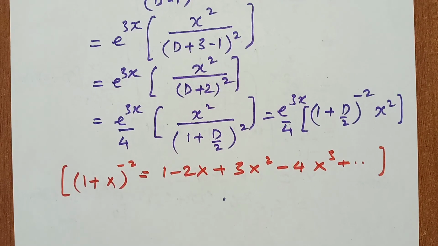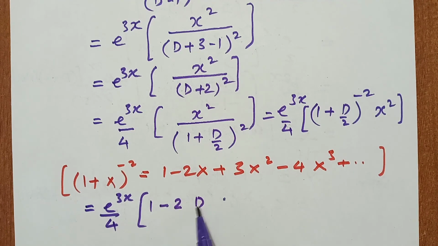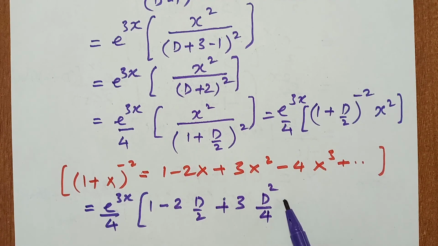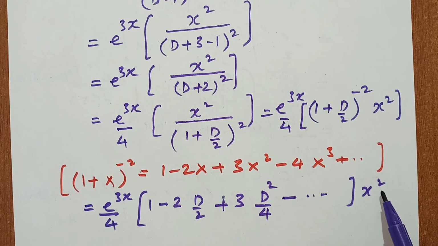So here this equals (e^(3x)/4)[1 - 2(D/2) + 3(D²/4) - and so on] x². Since the power of x is 2 and D means differentiation with respect to x, only D² is valid, because D³ of x² is 0, so all the terms will be 0 after this.